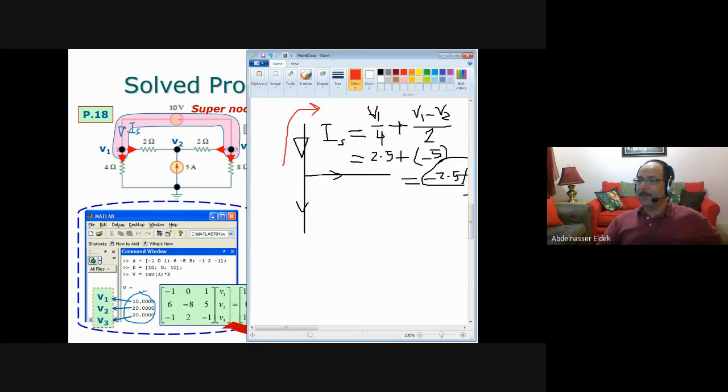So if we look at node number 3, node number 3 looks like this. So you have IS. This IS is in this direction. Okay, because IS is moving like this.